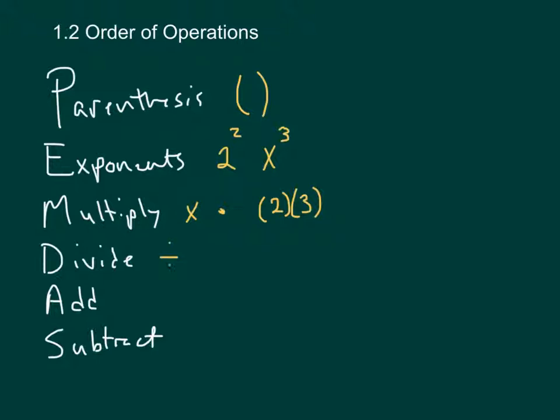Division, you might see the division sign. More often than not, I show my division as a fraction. Addition, pretty much that's the only symbol you're going to see for that operation. And then subtraction.